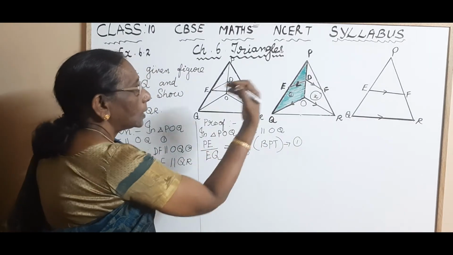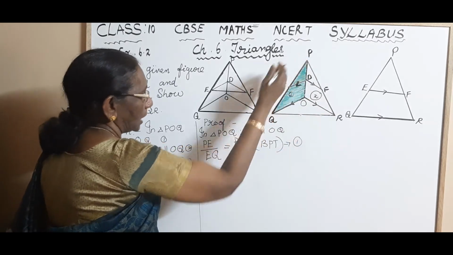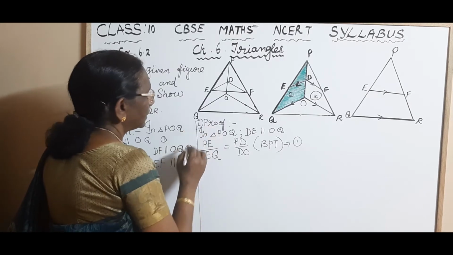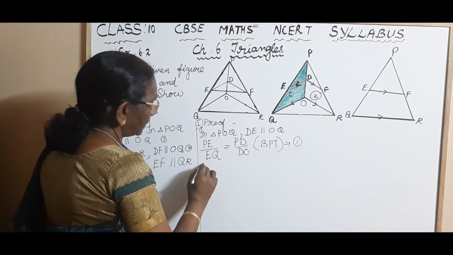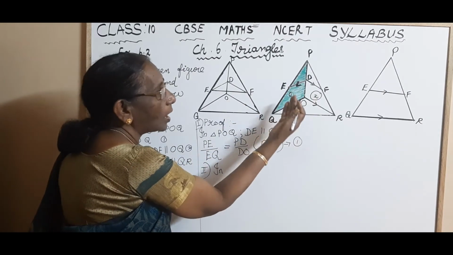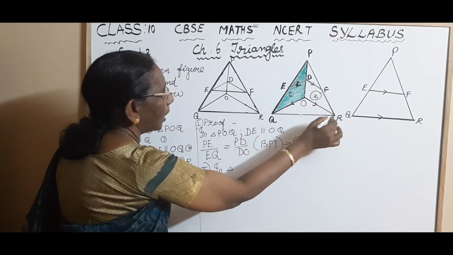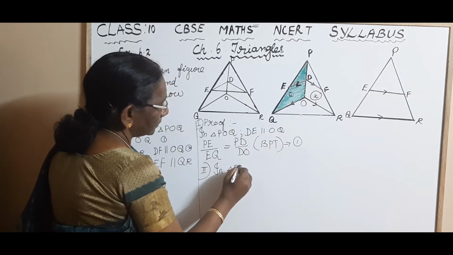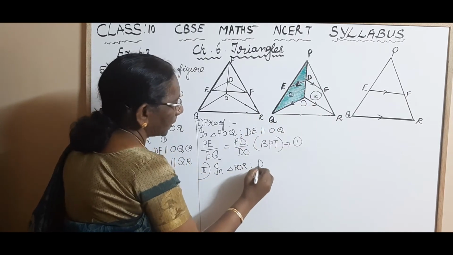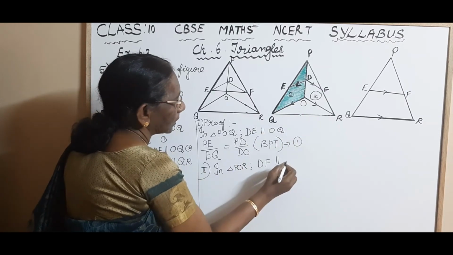Then, what information is given? The second information is in this triangle. So, this is the first step. Then, second step. We are going to consider the other triangle which is not shaded. What is the triangle? POR. DF parallel to OR.